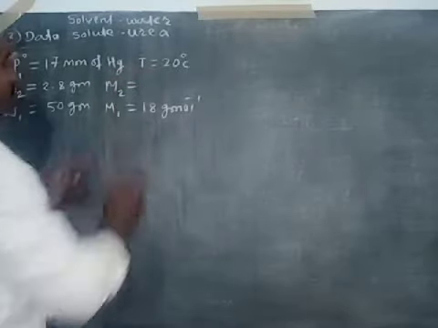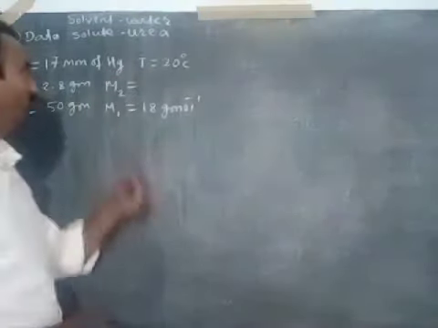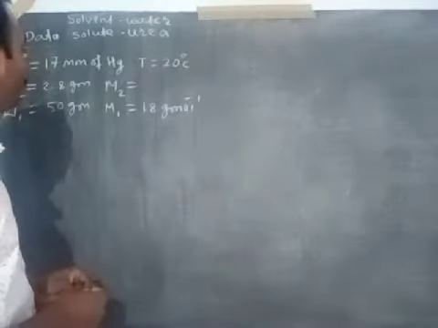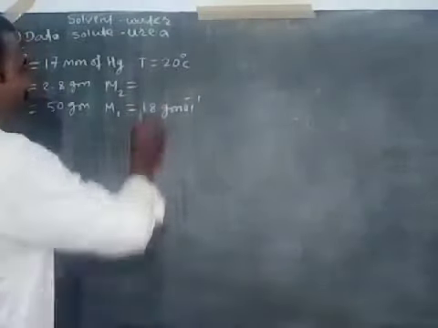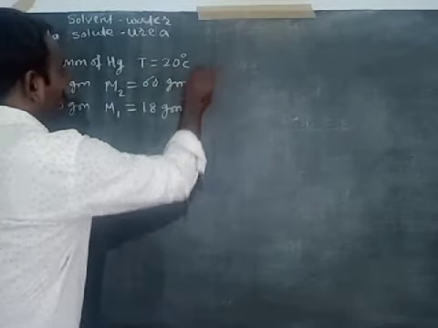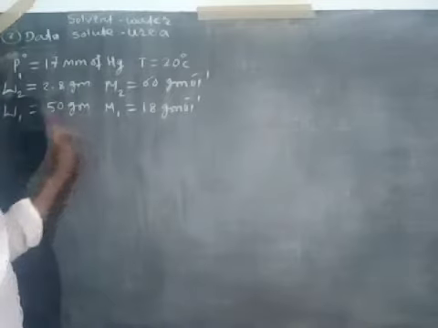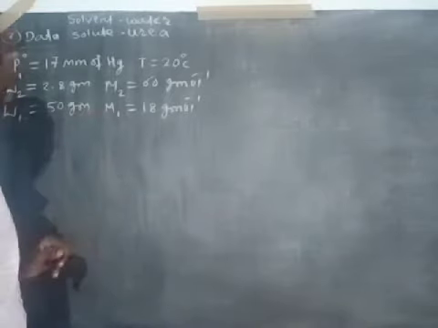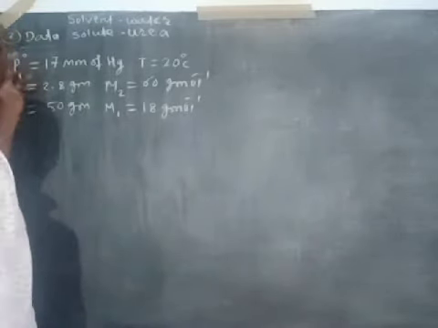Molar mass of the urea, which is represented by M2, urea having molecular formula N2H4CO, carries molar mass 60 gram per mole. Okay, these are the given values for mass and molar mass.